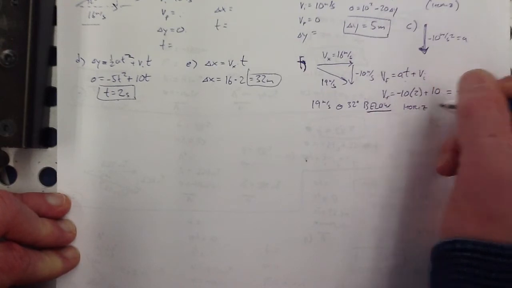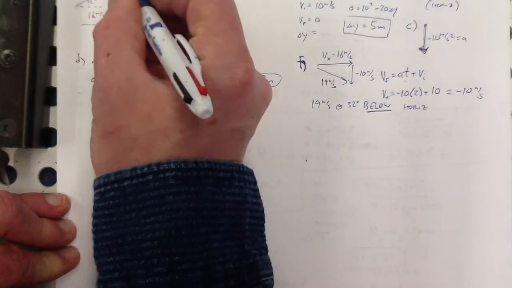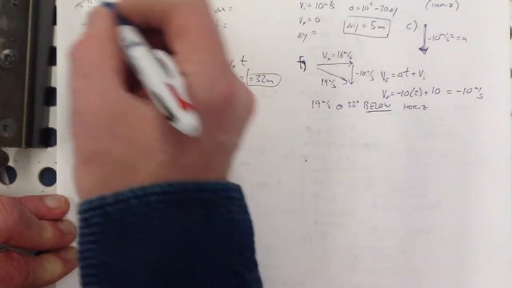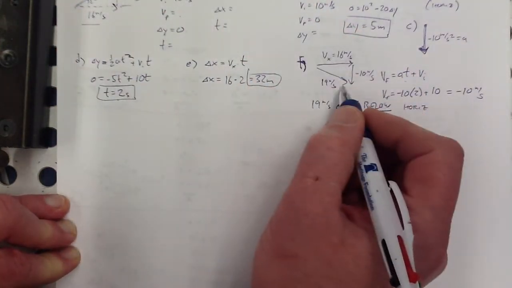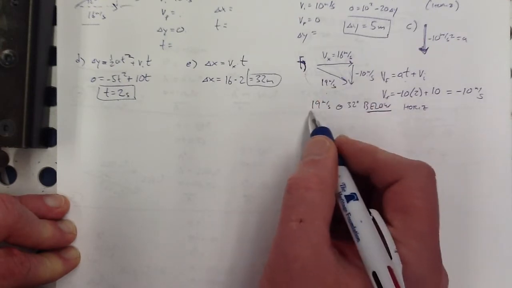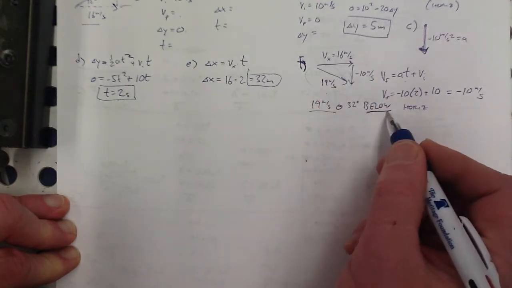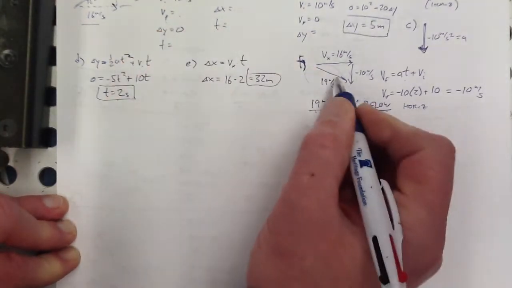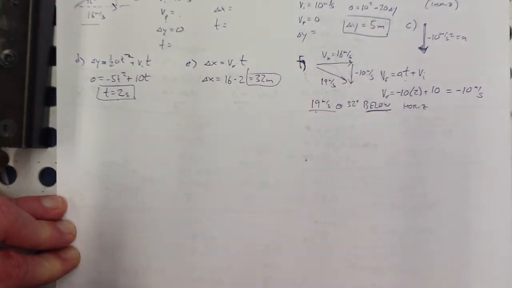When it got thrown, it was 32 degrees above horizontal, and then it follows that nice symmetric parabolic path and ends up with a final velocity of 19 meters per second below horizontal. When I say final velocity, I don't mean final vertical velocity, I mean total final velocity.